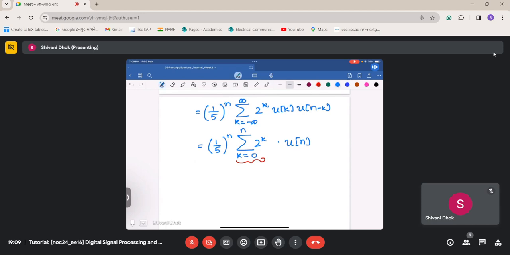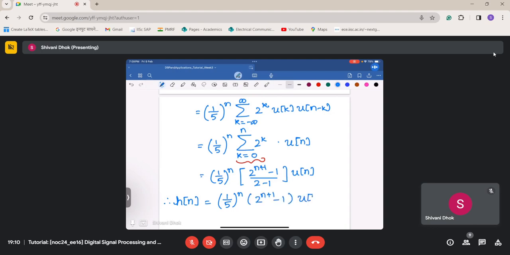So this I can write as 1 by 5 to the power n into 2 to the power n plus 1 minus 1 upon 2 minus 1 into u of n. Therefore, the impulse response of this cascade system is h of n equal to 1 by 5 to the power n into 2 to the power n plus 1 minus 1, u of n.